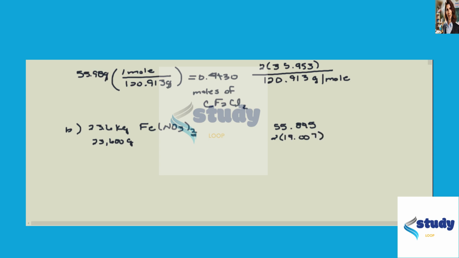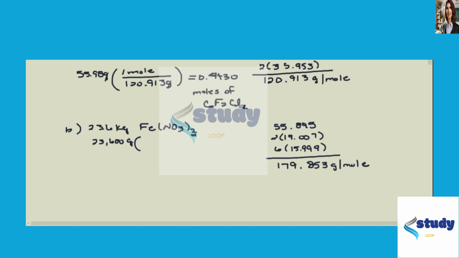For oxygen, I have 3 and 2, so I actually have 6 of those, so I have 6 times 15.999. Then add all of those together. We should get 179.853 grams per mole.